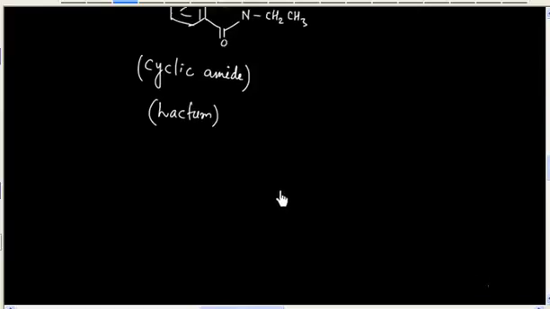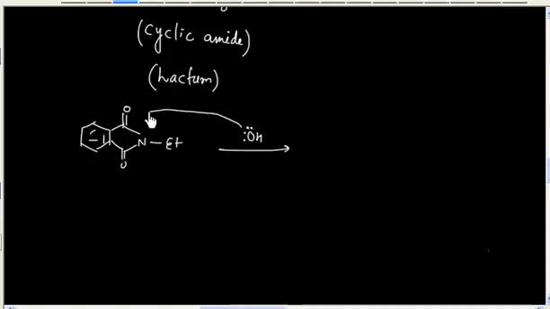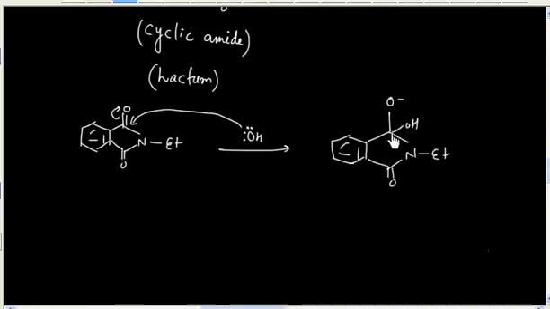So let us write the mechanism for hydrolysis. In the first step, OH minus will act as a nucleophile and it will attack on the carbonyl carbon, and we will have a tetrahedral intermediate. So this is the tetrahedral.